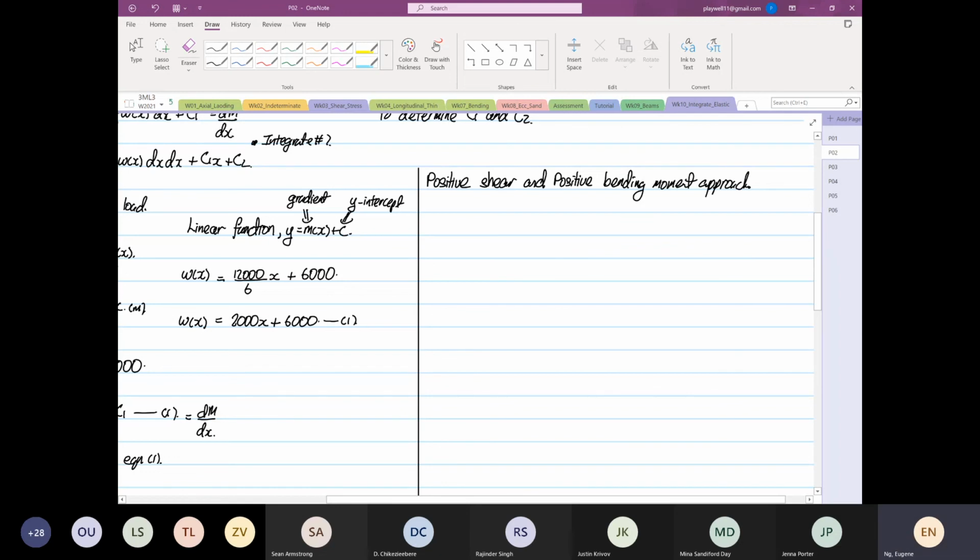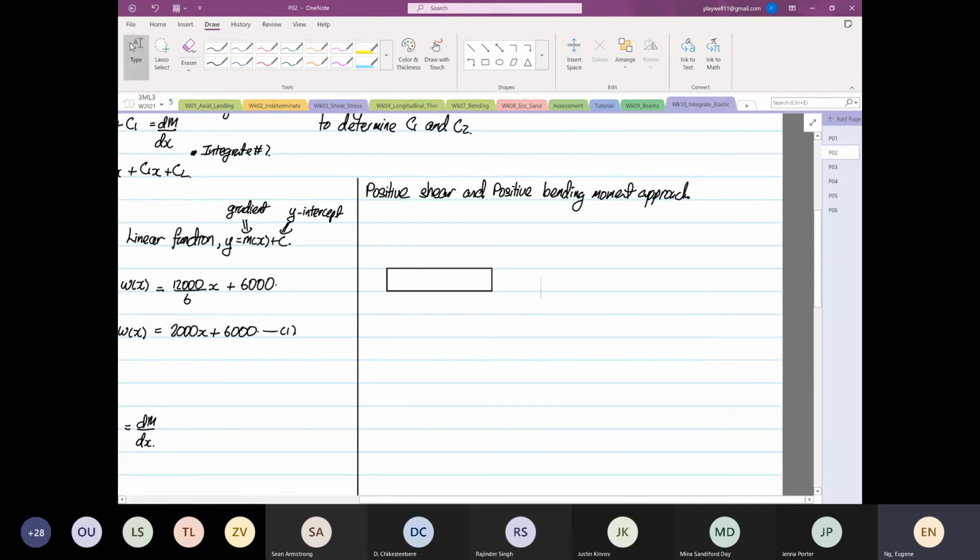So when we look at this again, we have point A. Because of space, this is point A, point B, cantilever. Then we have 6,000, 12,000.